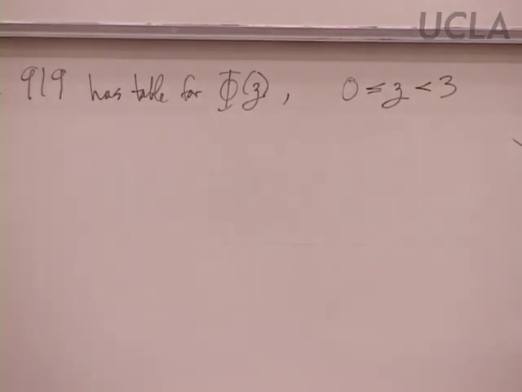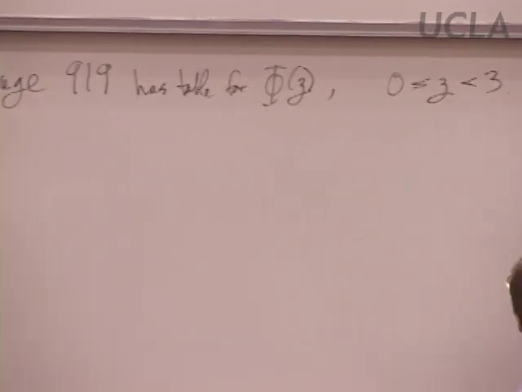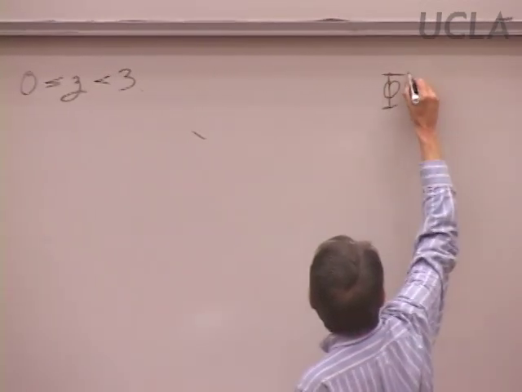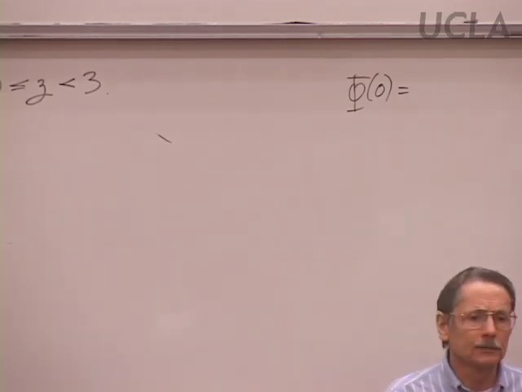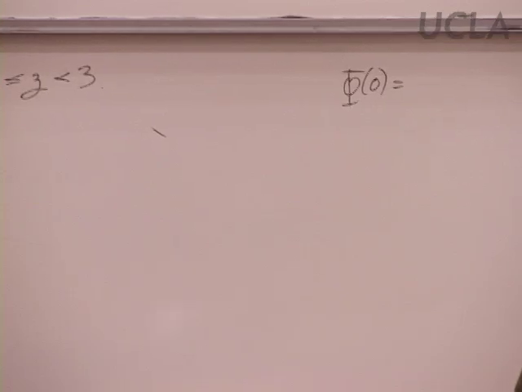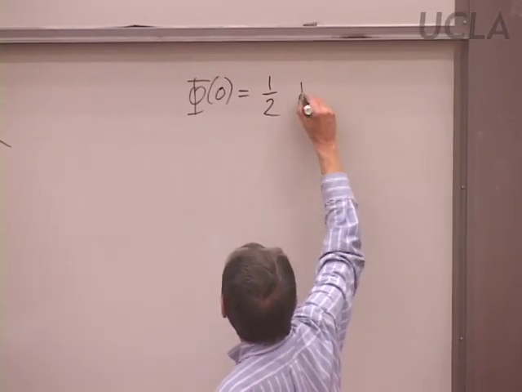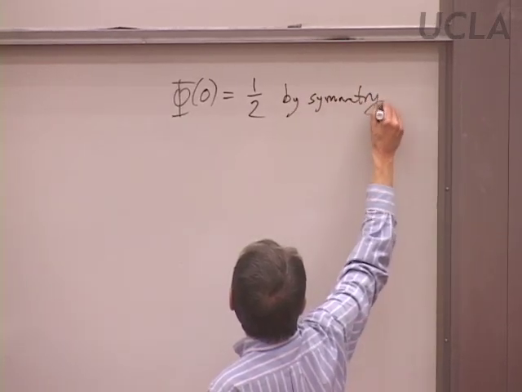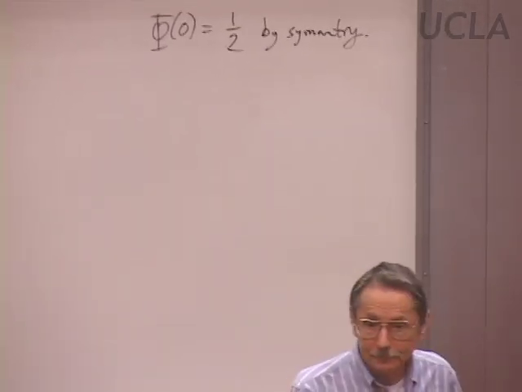And maybe one of those entries in the table we wouldn't need. Phi of 0, capital phi of 0. We wouldn't need a table for that. That's got to be a half, because it's right in the middle.